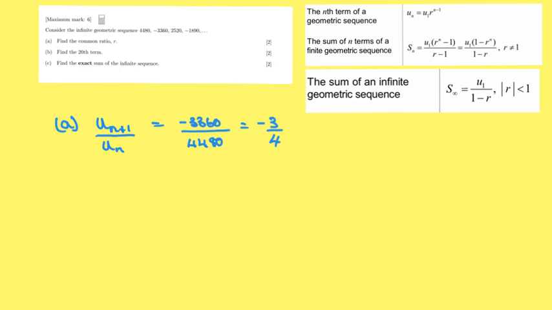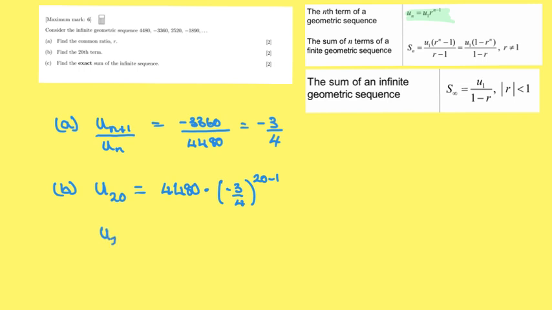To do this, you can use this formula, u_n equals u1 r^(n-1). So B, you want to find u20, which is equal to u1, 4480, times r, which is minus 3/4, to the power of 20 minus 1.